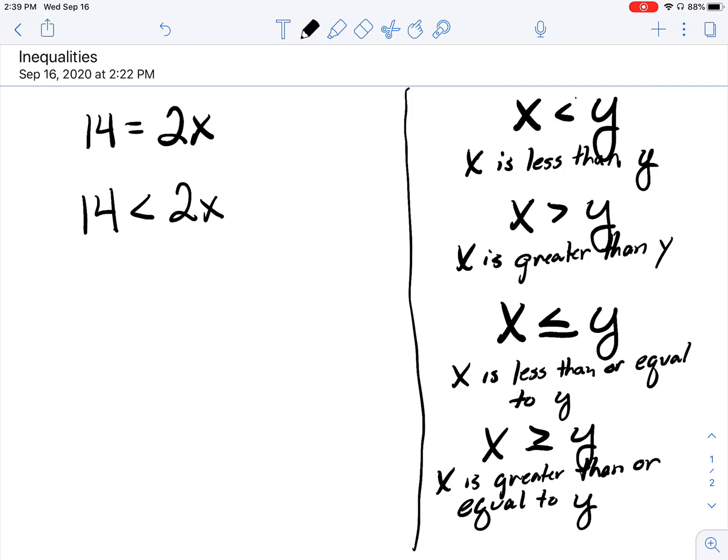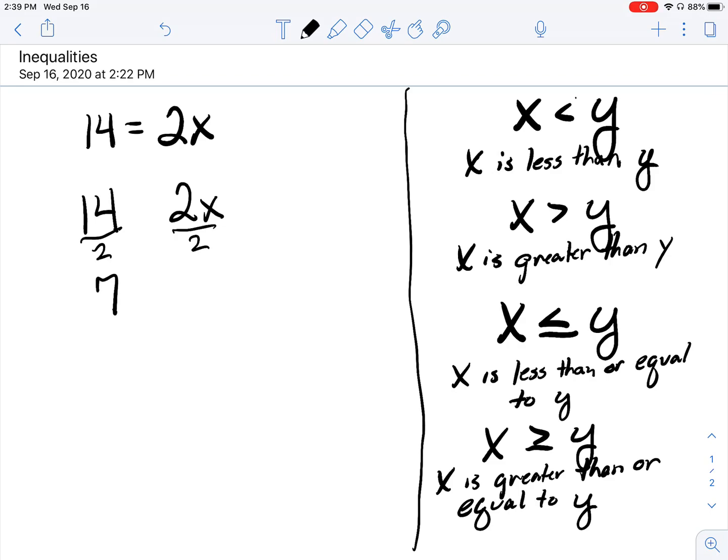So if I go back to my question here, I'm going to solve this exactly the same as I would. I kind of ignore that inequality for a second, and I still solve it just the way that I would. So I would divide both sides by 2.